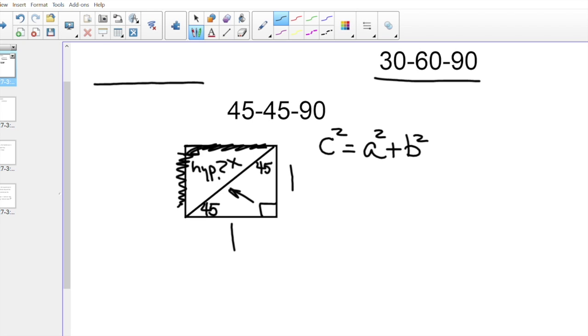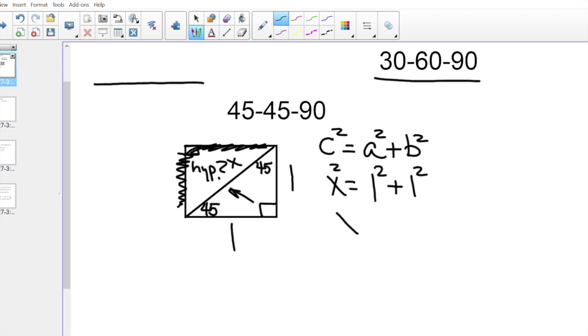So, I don't know what the hypotenuse is, but the legs are 1 and square it, and 1 and square it.